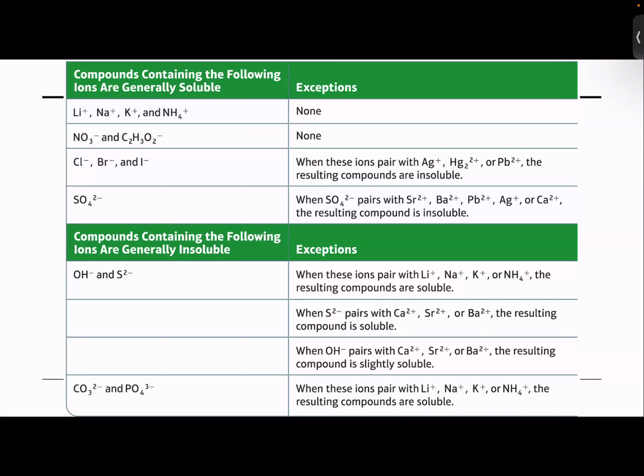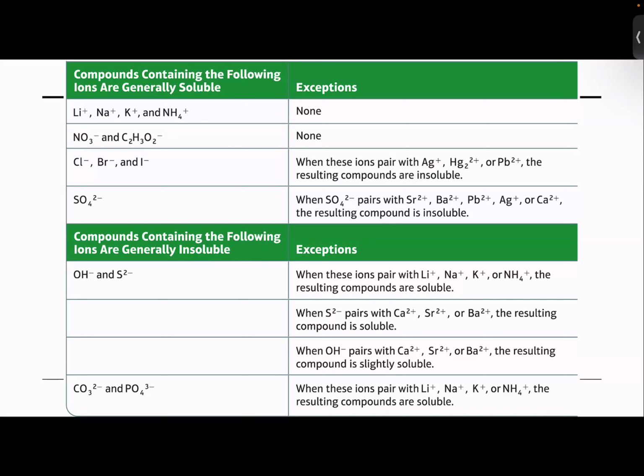Now, the top portion of this talks about the ions that are soluble, meaning aqueous, with a few exceptions, meaning these would be solids. But the bottom portion of this table focuses on the ions that tend to be insoluble, meaning they will be solids in an aqueous reaction.